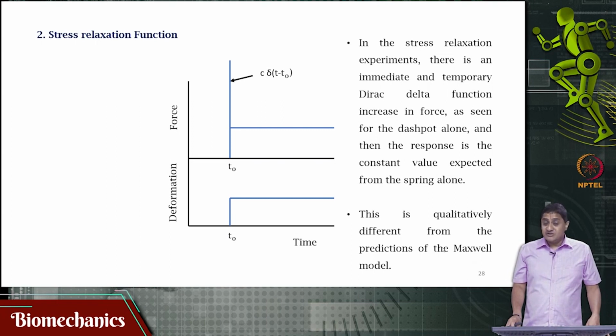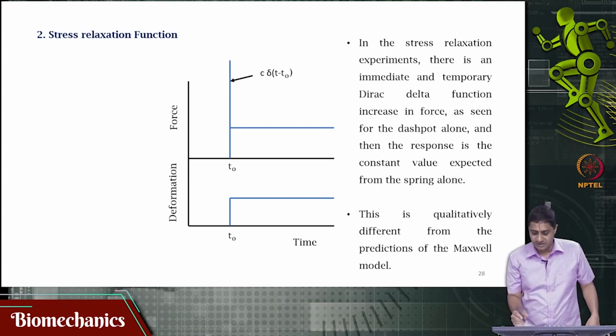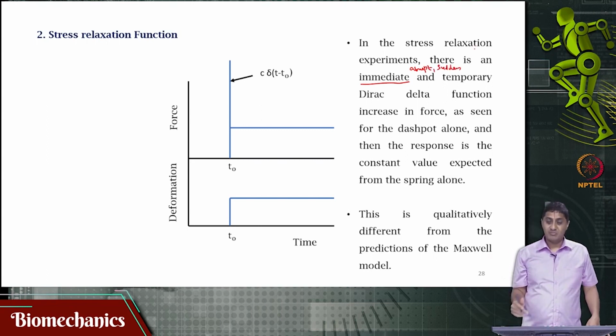So, at that time there is going to be a sudden increase in stress or force, a very large increase perhaps, an immediate, abrupt, sudden but temporary change due to the direct delta function.